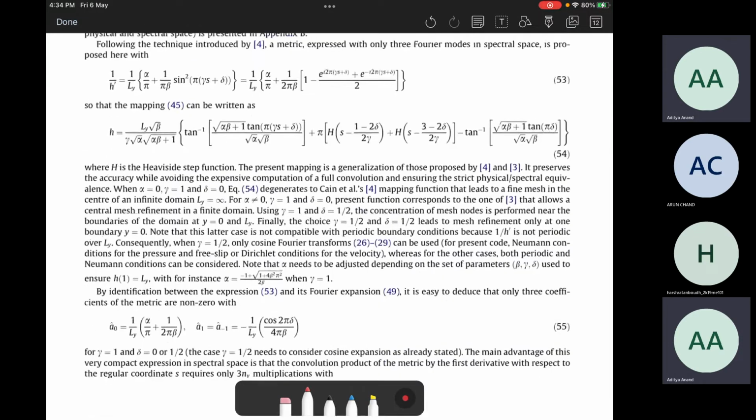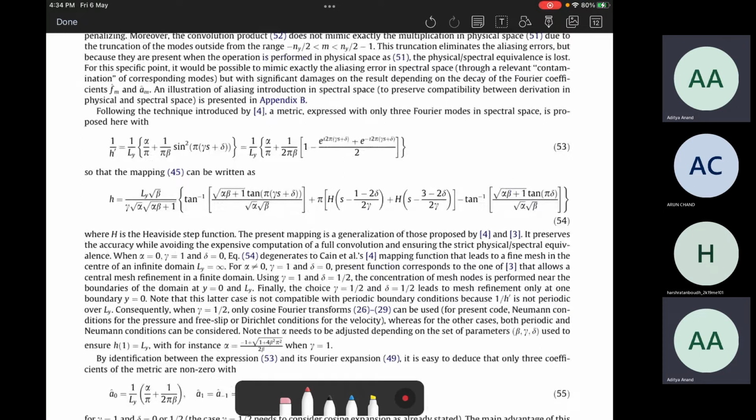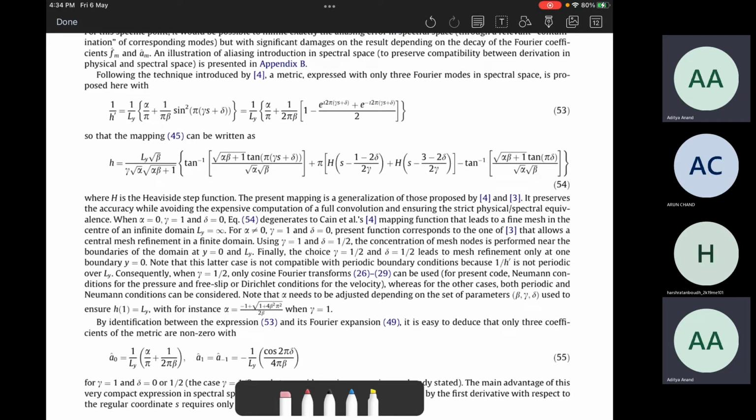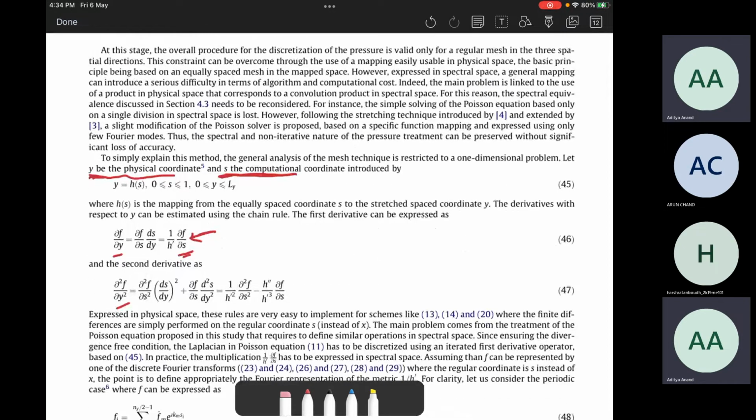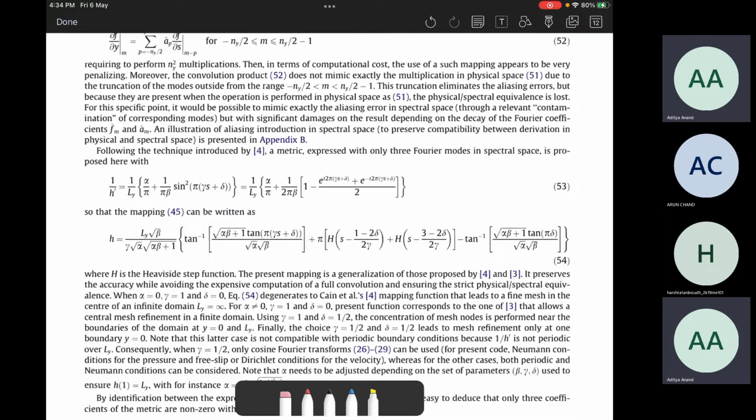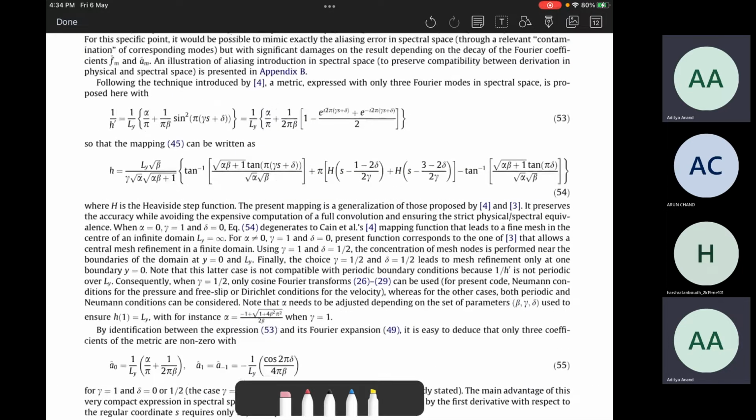They have also derived an expression for H. What is H? H is the functional relationship between Y and S. H has an input of S along with other inputs, alpha and beta. These are the parameters that control the transformation.